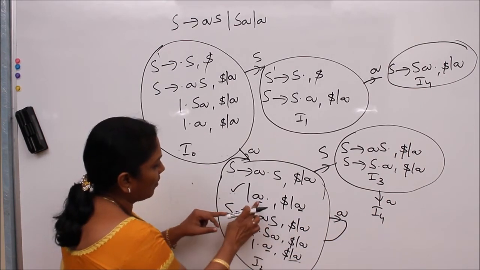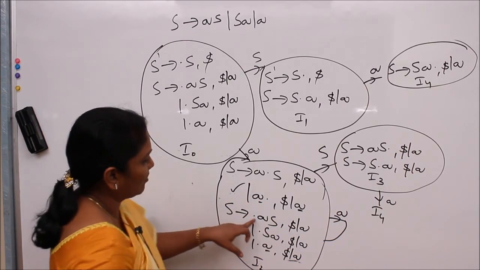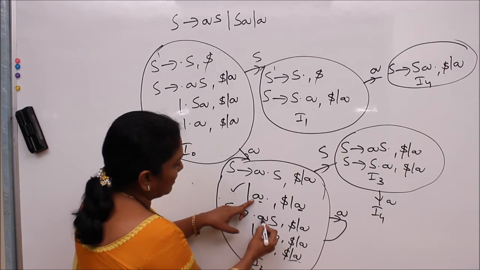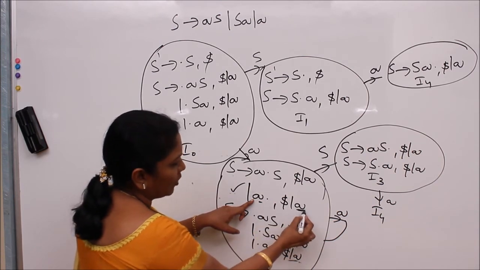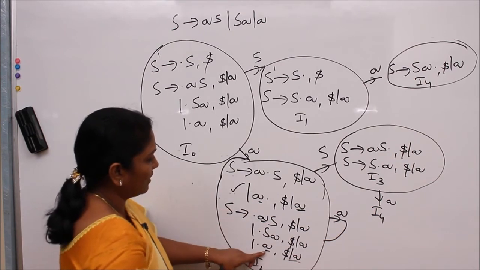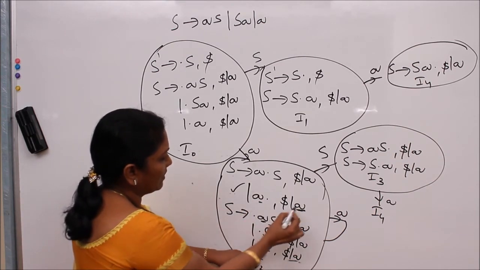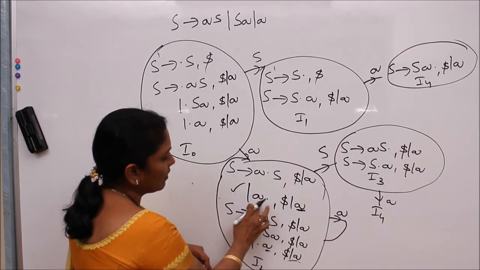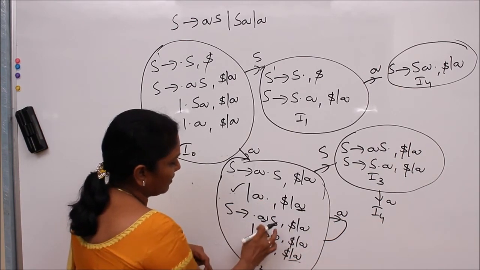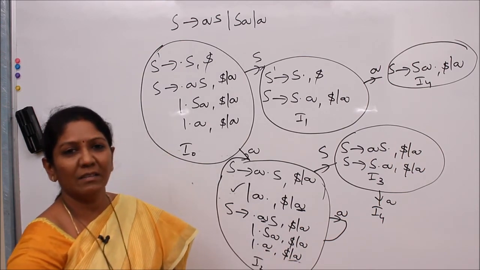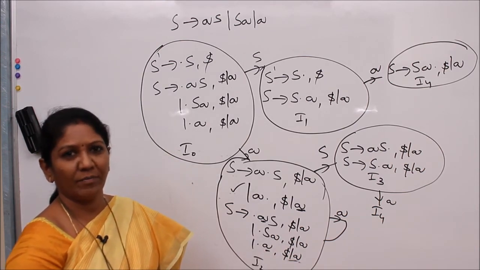So if you take the combination of this S to A dot and S to dot AS, this final item has a look ahead which is matching with this terminal, or if you take this also, this is matching with this. Because of this look ahead matching with the terminal symbols in non-final items, we say there is an SR conflict.